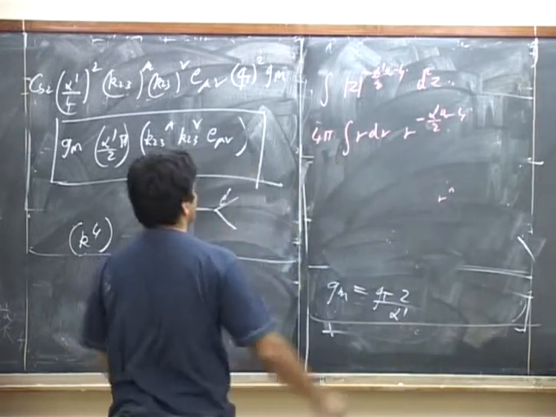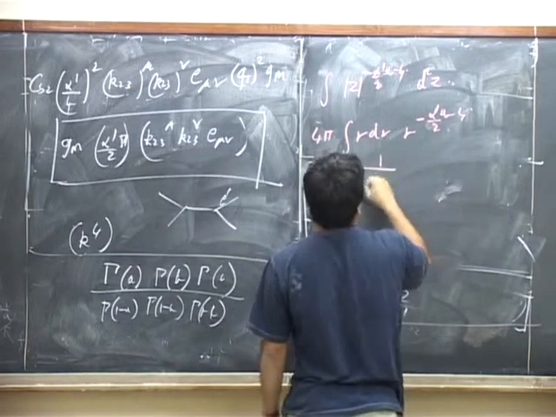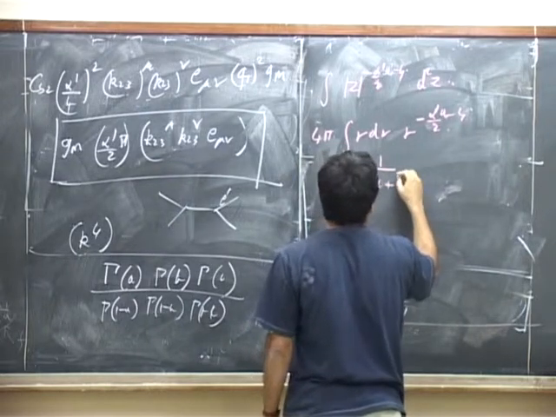Fine. So we get 1 over alpha prime u by 2 plus 2.